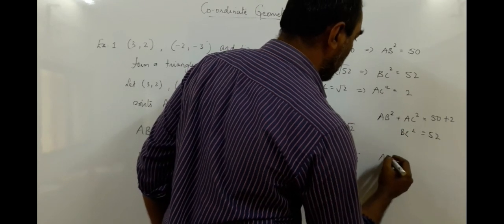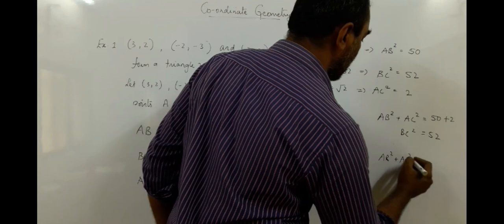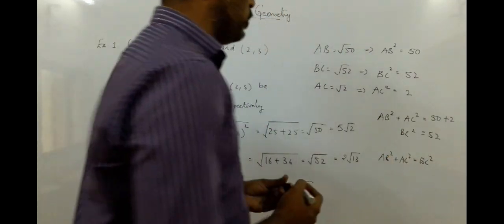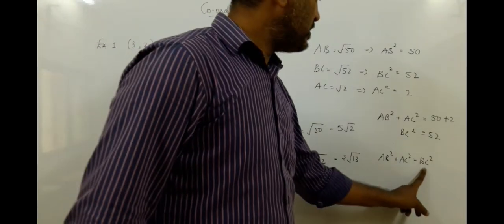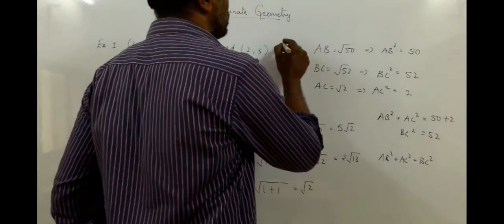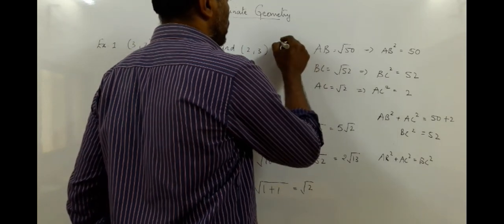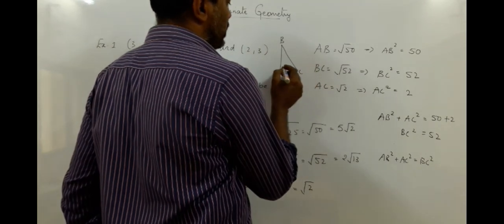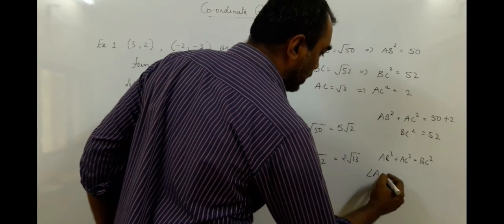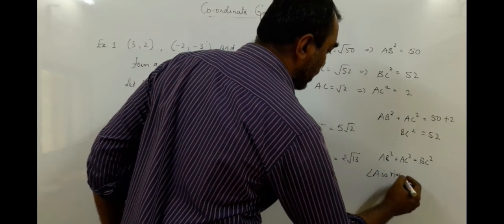So we have AB square plus AC square equal to BC square. 50 plus 2 is 52. So BC is the hypotenuse. If BC is the hypotenuse, the angle opposite to it is angle A. So here angle A is a right angle.